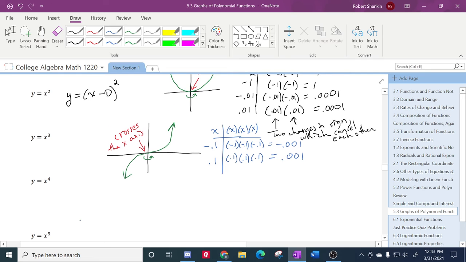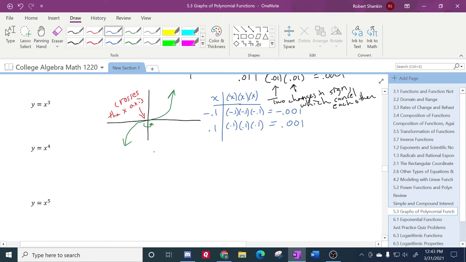And quick sketches of these two now. If I had y equals x to the 4th, that looks like this. It's kind of like a parabola, but it just goes up a lot steeper.